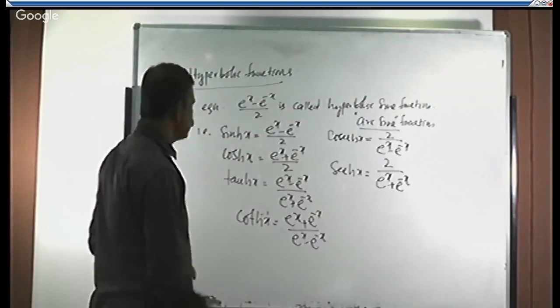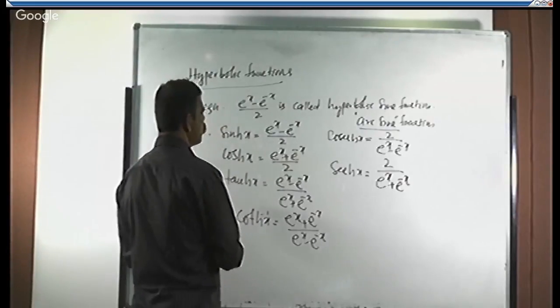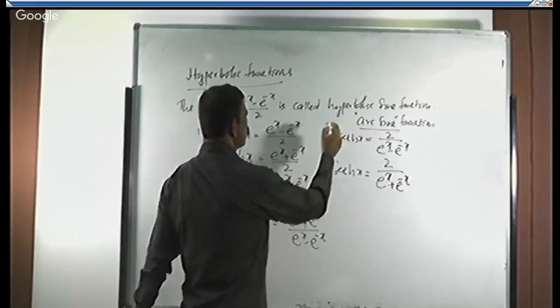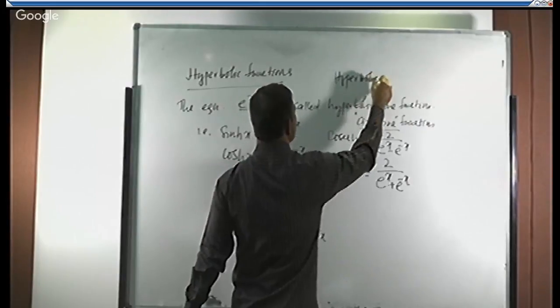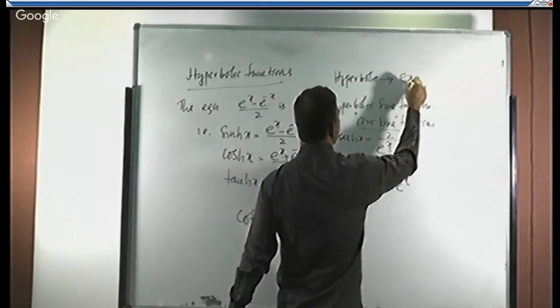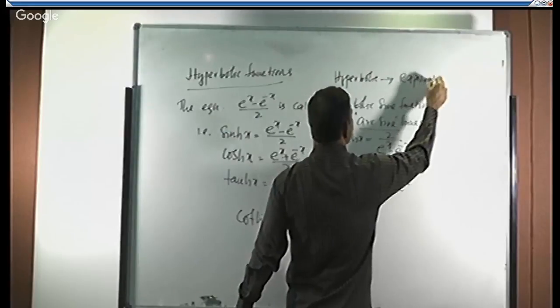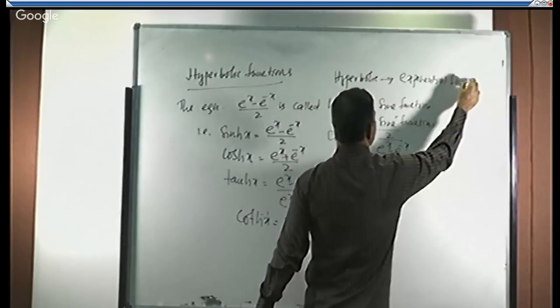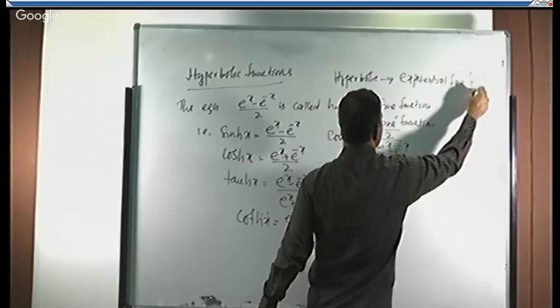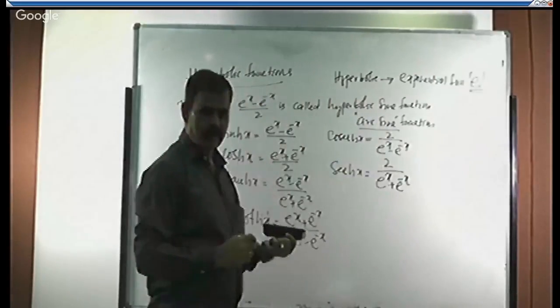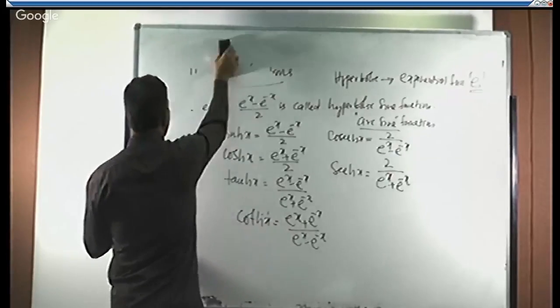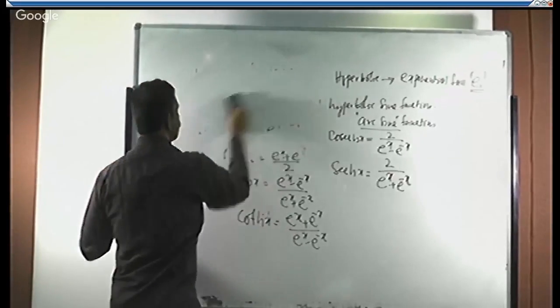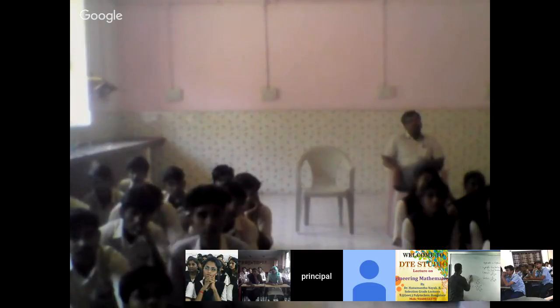Just remember, hyperbolic functions are always expressed in terms of the exponential function, e. Let us take the derivative of hyperbolic functions. What is the derivative of sinh x? What is the derivative of cosh x? Like that.